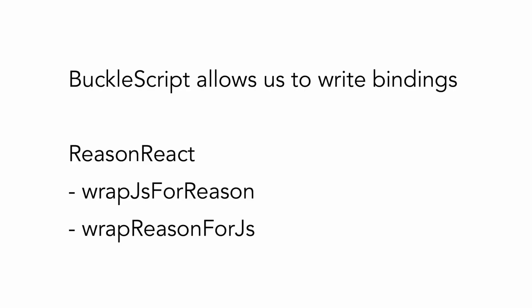The same thing goes for Reason. They really care that you can do incremental adoption, and that's why BuckleScript, this compiler, allows us to write bindings in a really comfortable way. It's not too complicated. And the best part is that ReasonReact actually opts in.